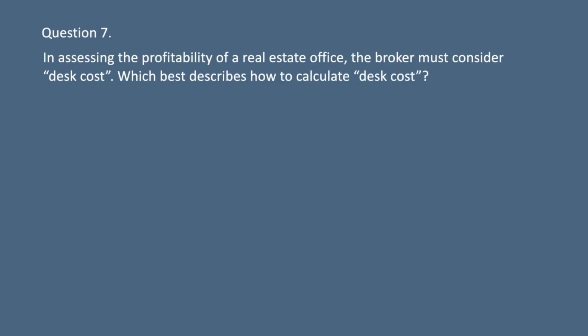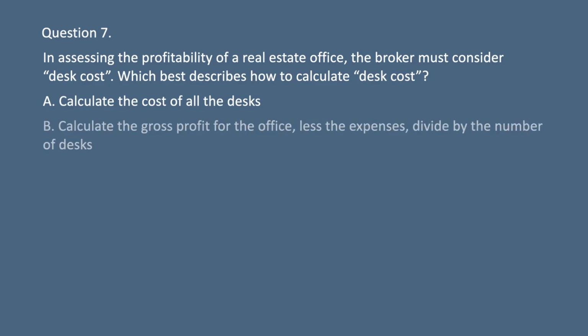Question 7. In assessing the profitability of a real estate office, the broker must consider desk cost. Which best describes how to calculate desk cost? A. Calculate the cost of all the desks. B. Calculate the gross profit for the office, less the expenses, divide by the number of desks.